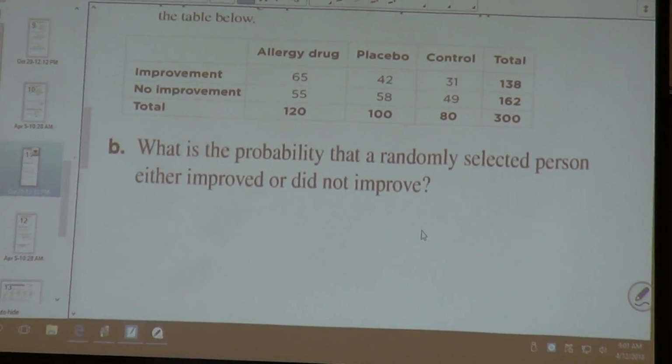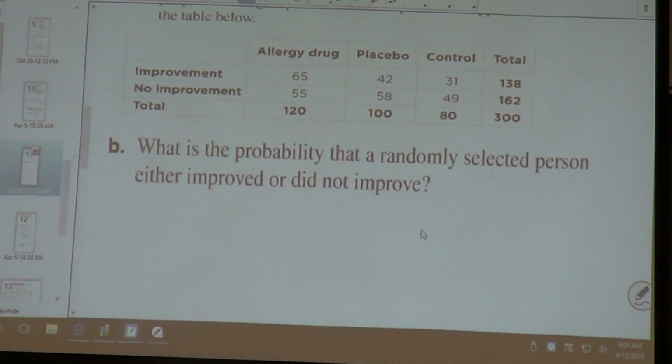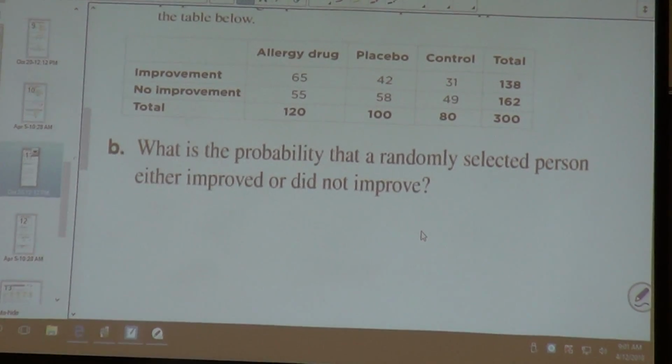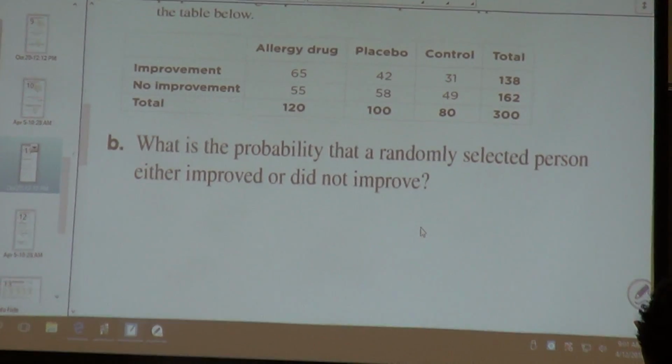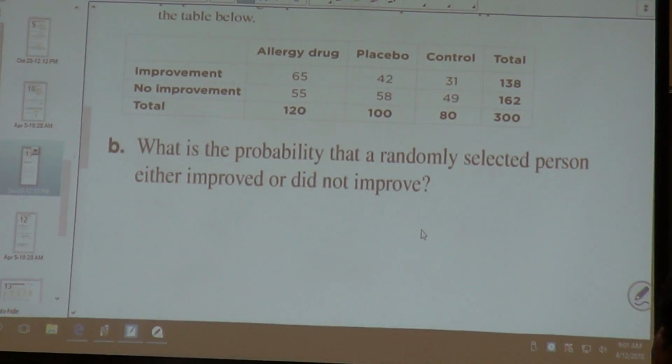Type it in again and let me see it. Let me see what you put. That is the perfect answer, and I'll tell you why in just a minute.